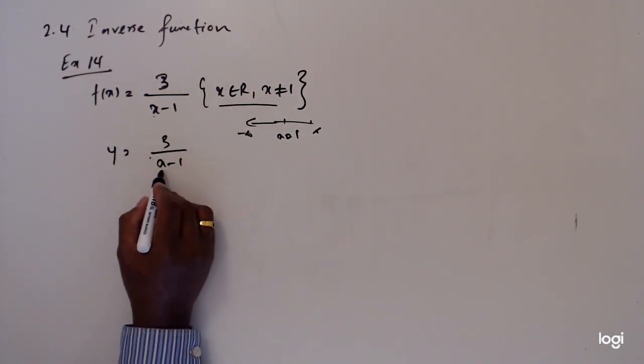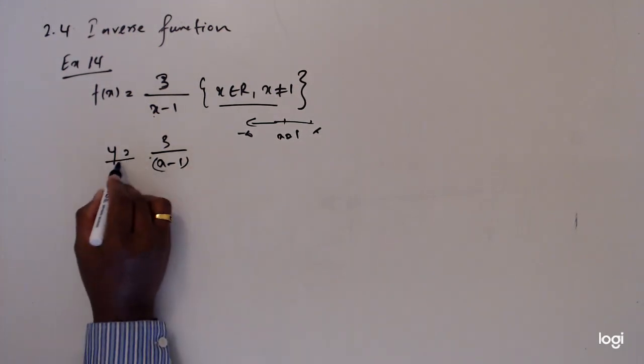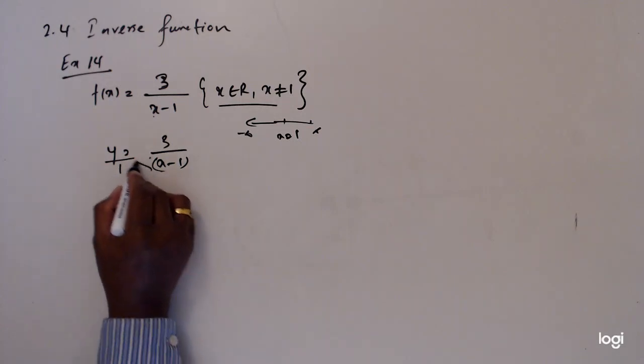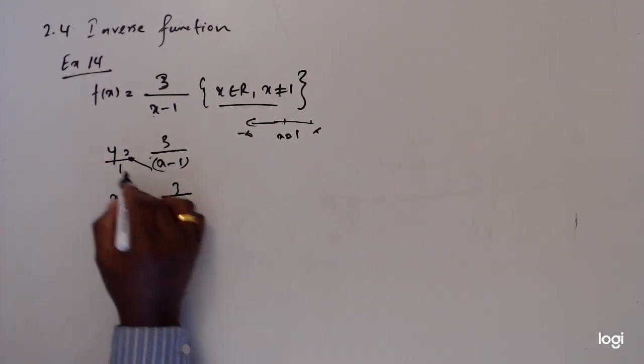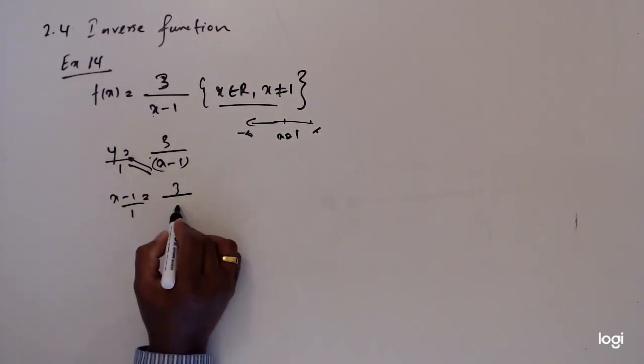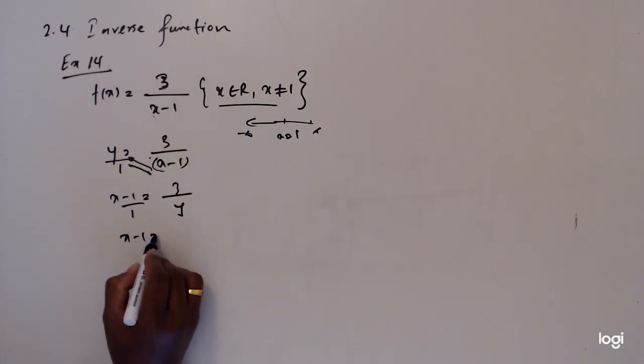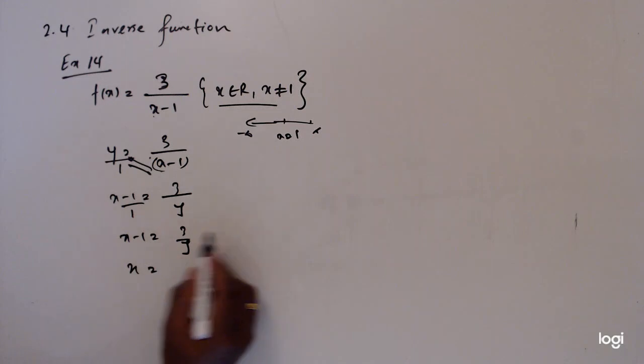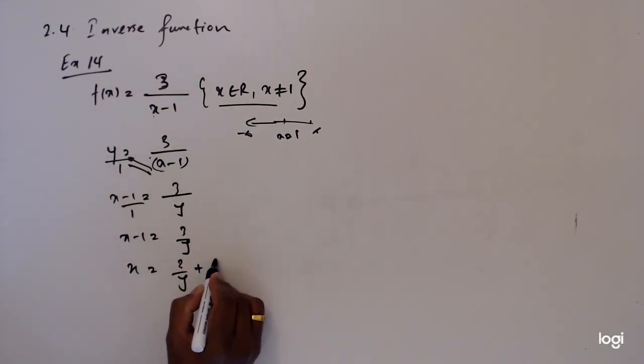Then I want to make x the subject. I bring x minus 1 up, and I bring y down. So x minus 1 equals 3 over y. So x equals 3 over y plus 1.